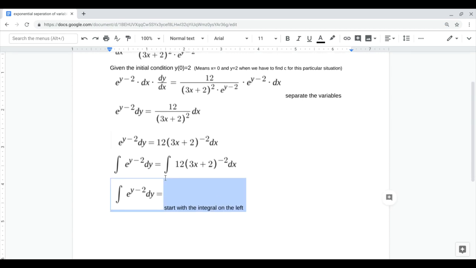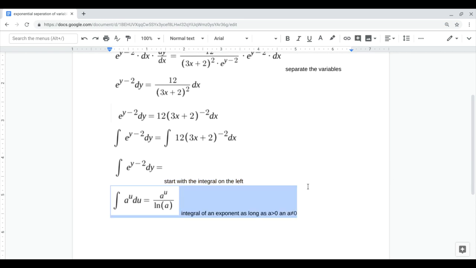Let's start with the integral on the left, the integral of e to the (y - 2) dy. So the integral of a number to any power is equal to this formula, so long as a is greater than 0 and it cannot equal 1.